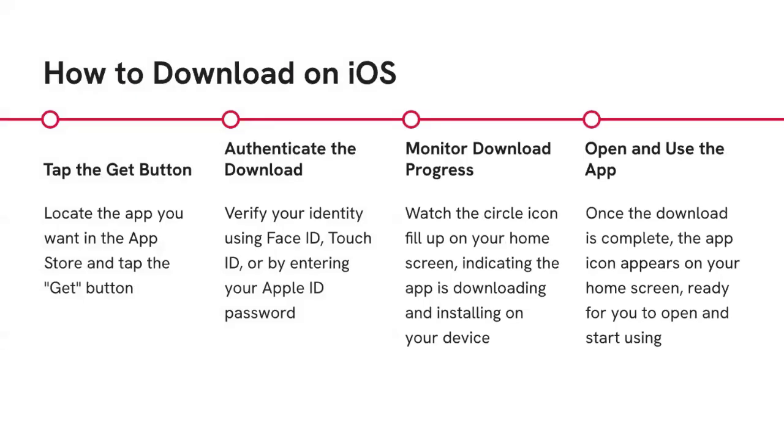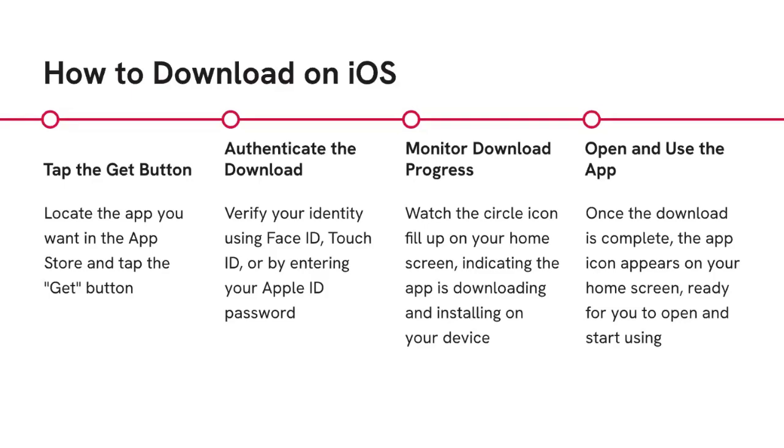So we're going to talk about how to download on iOS, which is mostly on Apple phones. So tap the Get button. Locate the app you want in the App Store and tap the Get button. And authenticate the download. Verify your identity using Face ID, Touch ID, or by entering your Apple ID password.